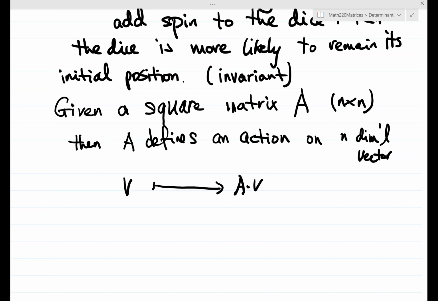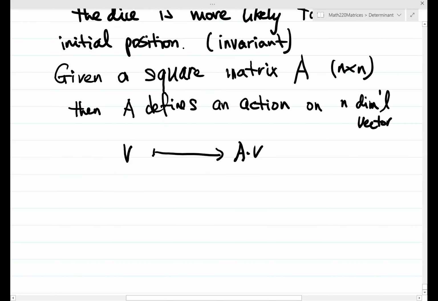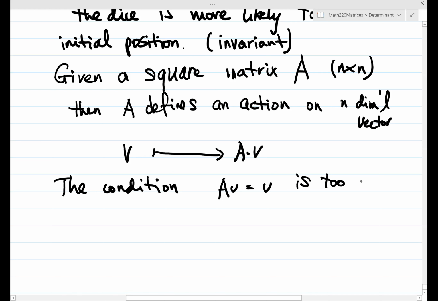However, we can make it less strong. We can assume that as long as we fix the direction, i.e. the output is in the same direction as the input. So the condition AV equal to V is sometimes too strong for a meaningful vector, i.e. a non-zero vector.